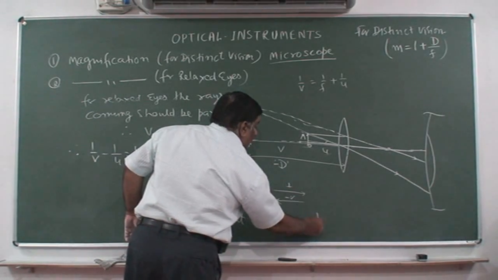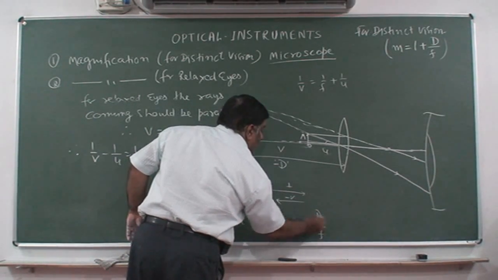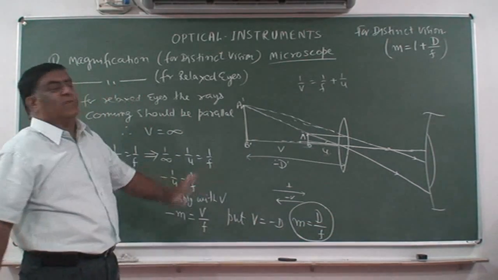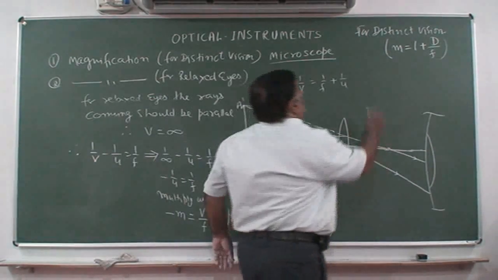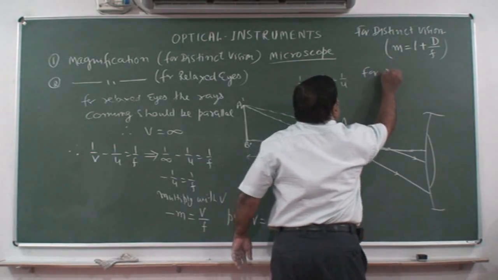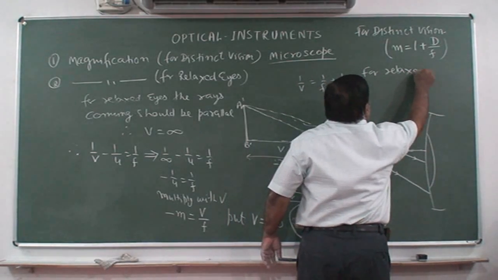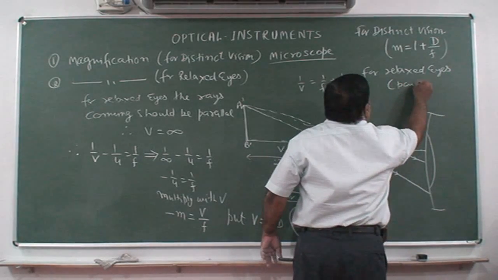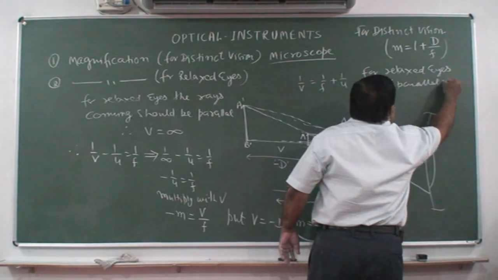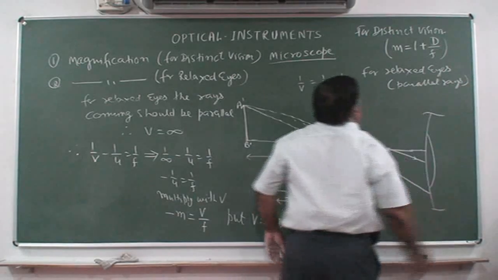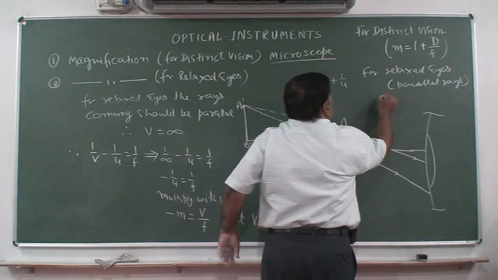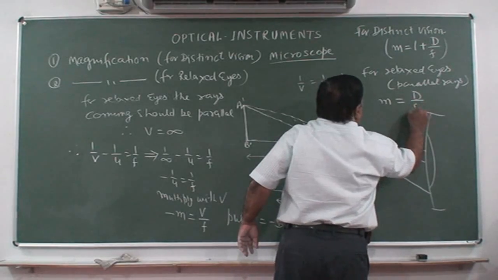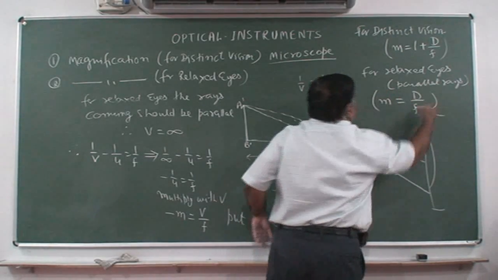M is equal to D upon F. So for relaxed eyes, that is parallel rays, the magnification of this lens slightly decreases and it becomes M is equal to D upon F.